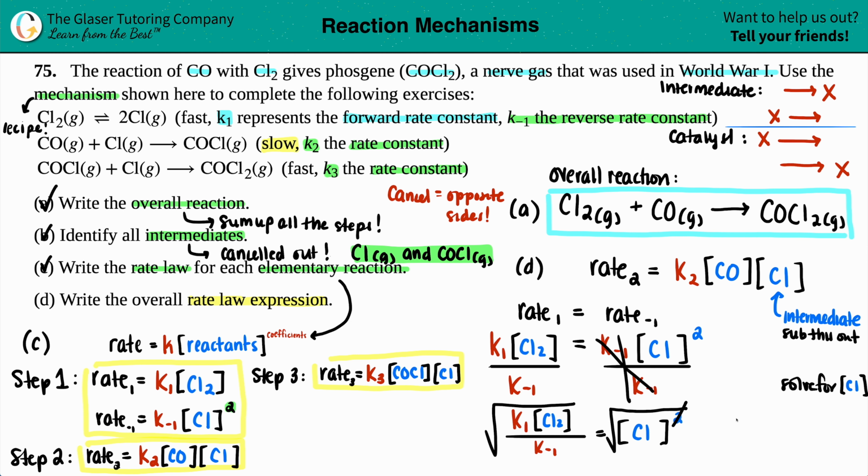So now what we have is the square root equal to Cl, and this is K1 over K negative 1 times the Cl2.